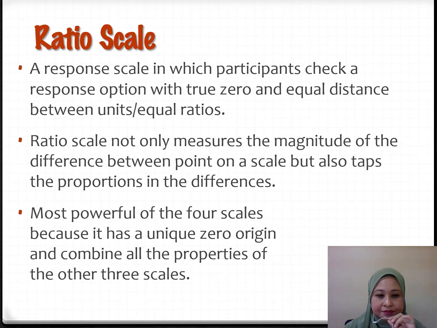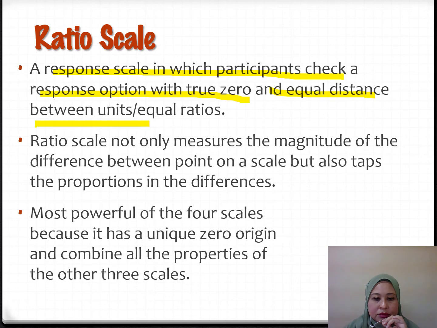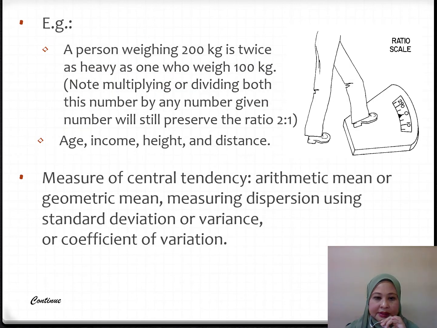Ratio scale is a response scale in which the participant checks a response option with a true zero, and equal distance between units and equal ratio. For example, you cannot just simply predict people's weight by looking at the person.